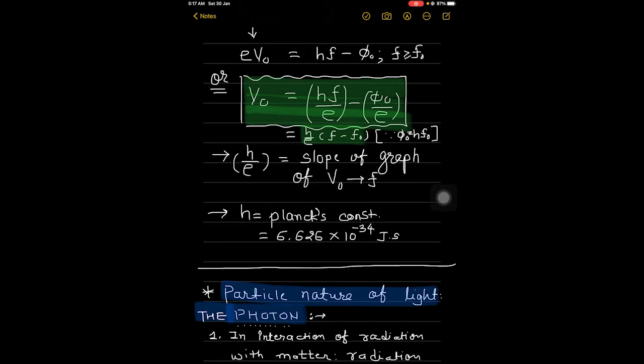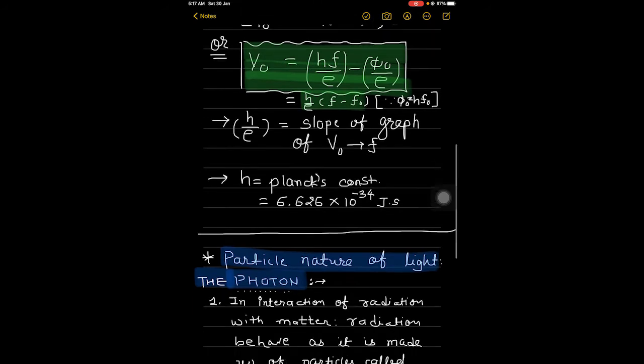In 1923, Millikan was awarded the Nobel Prize in Physics for his work on the elementary charge of electricity and on the photoelectric effect. Now we can summarize the photon picture of electromagnetic radiation as follows.